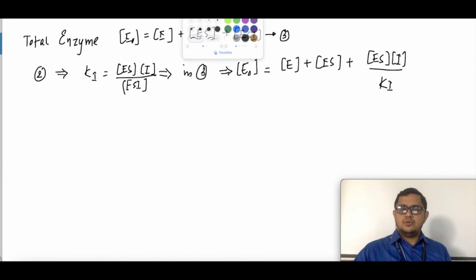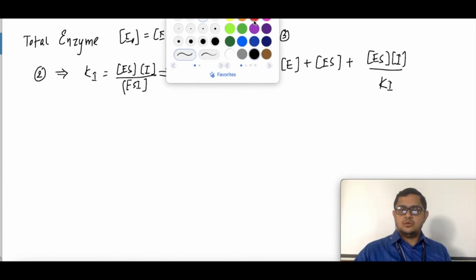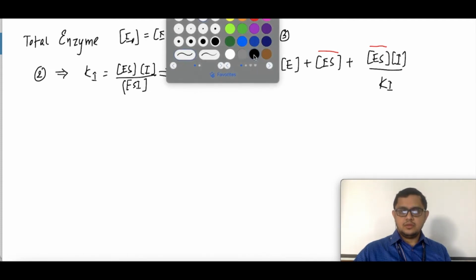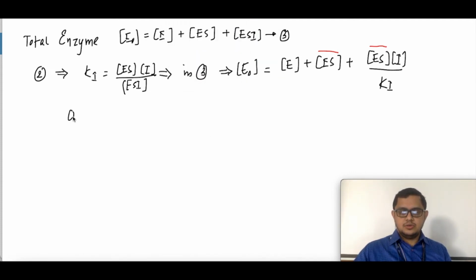Now ES is common, so you can take it out. The equation becomes E naught is equal to E plus ES times 1 plus I by Ki.